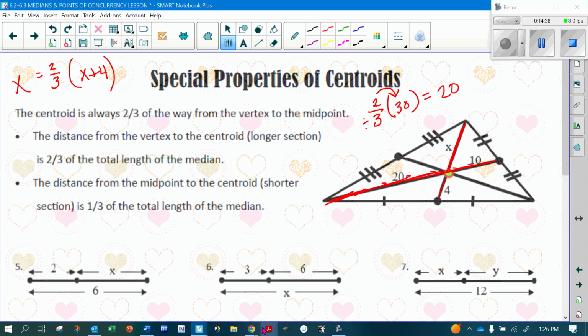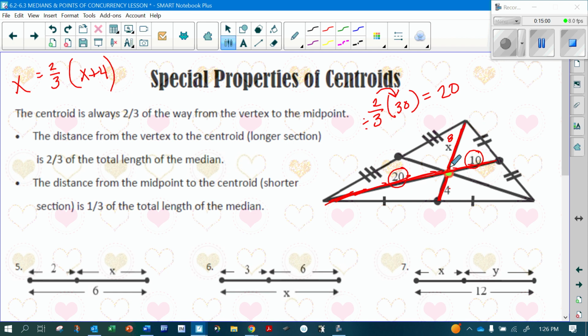If we wanted to solve that, we would go through and solve that, but that's a pretty crazy mess right there. So think about it. If this is 2/3 and this is 1/3, the easiest way, notice this is 10, double it, you get 20. So if this is 4, double it, you get 8. So that means the whole thing is 12.